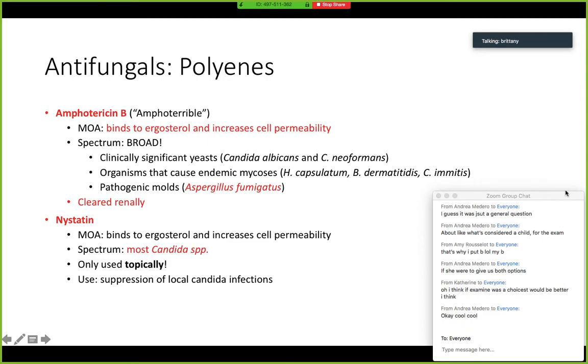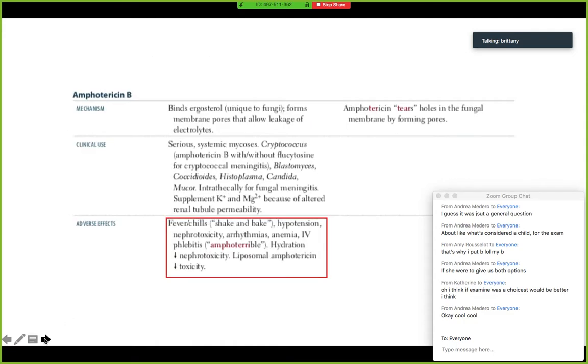Okay, so get into the antifungals. So amphotericin B, we call it amphoterrible because of all of its bad adverse effects. So keep that in mind. And then the fact that nystatin is used topically to treat candida. Okay, so again, amphotericin with all of these bad adverse effects.